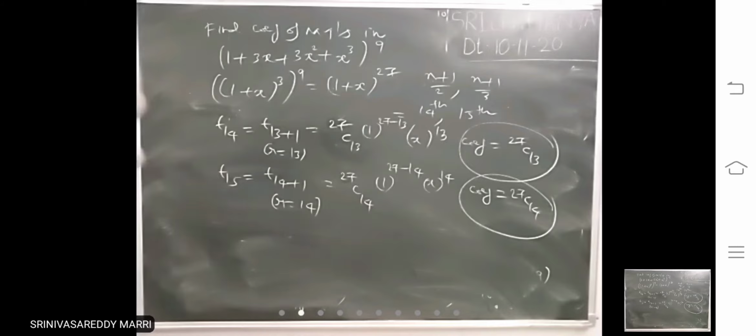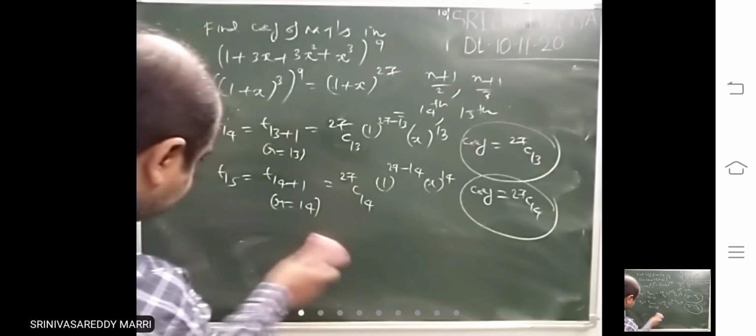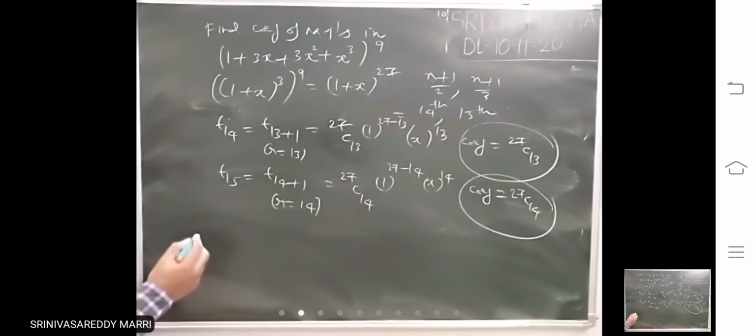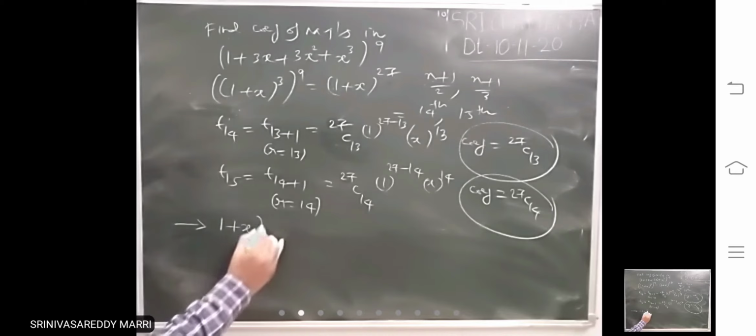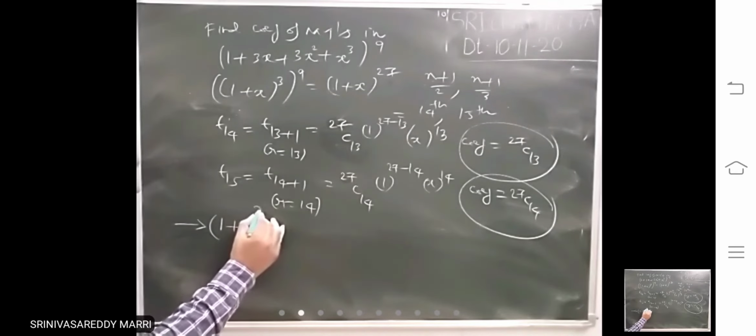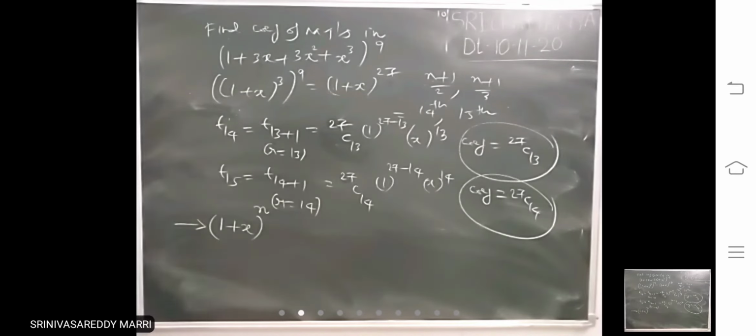Next, look at this standard form of expansion: (1 + x) whole power n. You will write this as n number of times, this is 1, this is x.